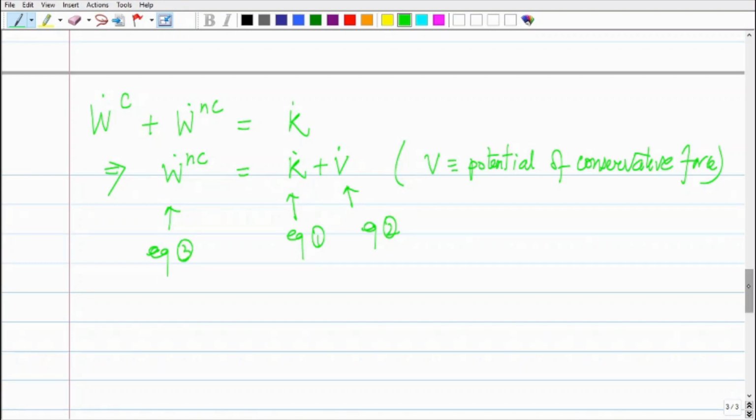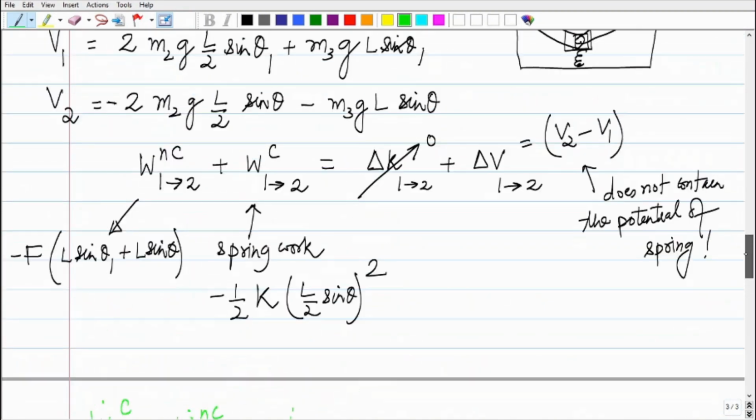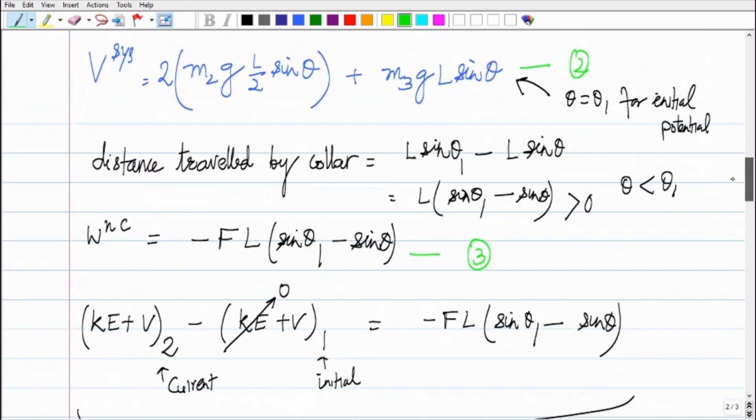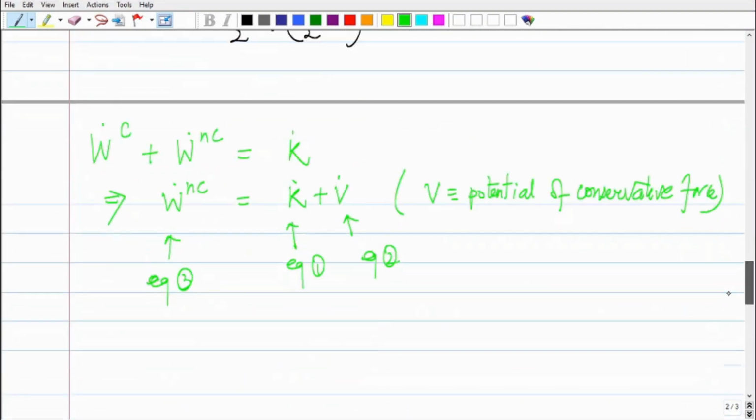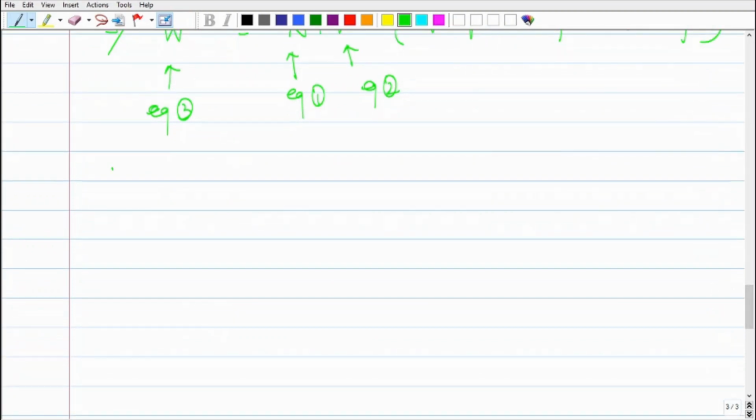So let's, for example, do W dot NC, and see what we will get. We already have the expression for WNC. That's minus of F into L sine theta 1 minus L sine theta.